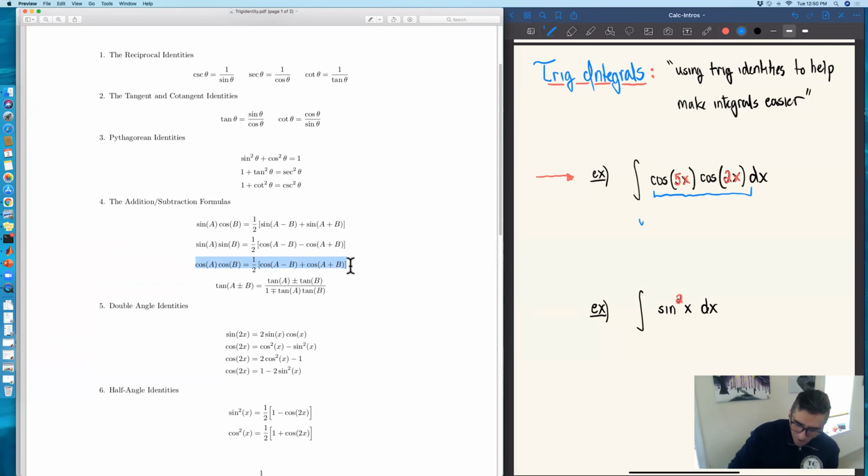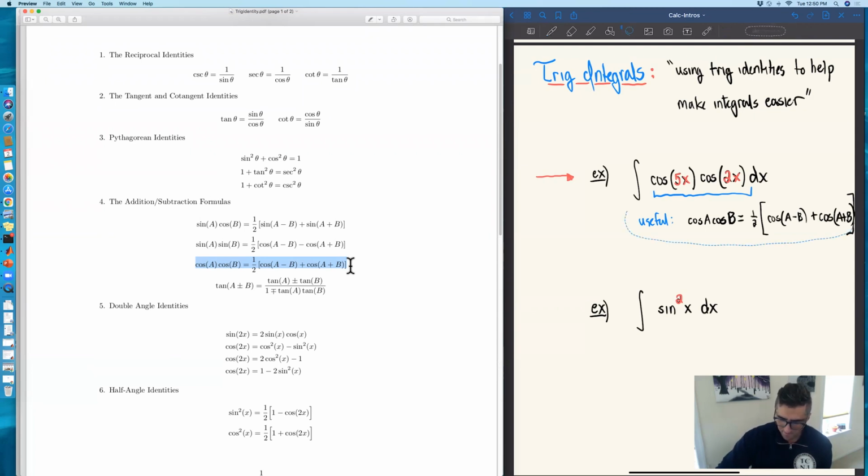So I'll just say here, what might be useful is the identity cosine A times cosine B equals 1/2 of cosine of A minus B plus cosine of A plus B. And we'll actually use that substitution next.